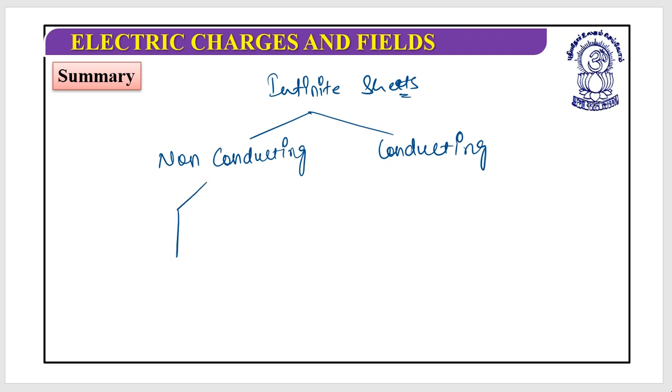Let's say one of the plates is given a positive charge. The direction of the electric field will be outward to the plate. It's sigma by 2 epsilon naught.